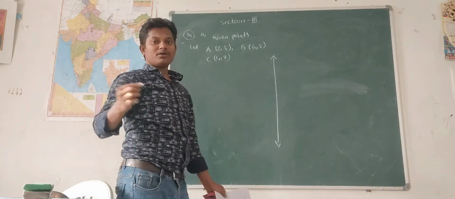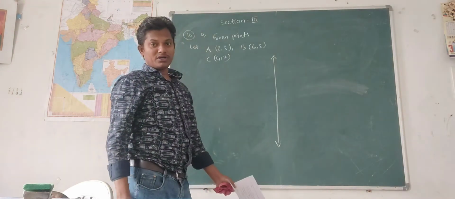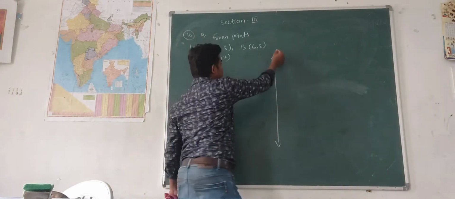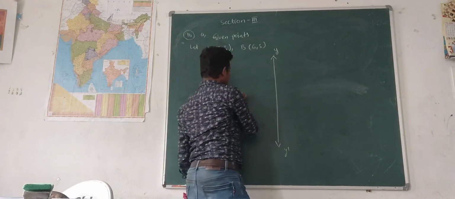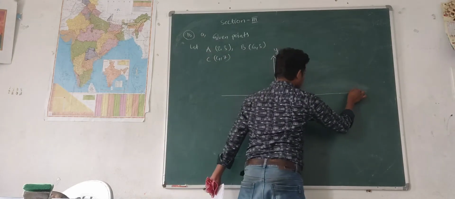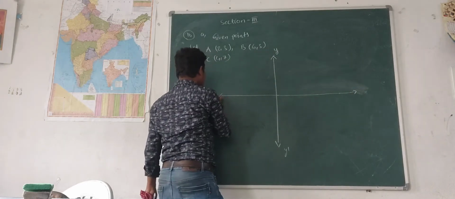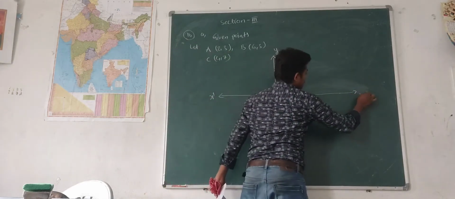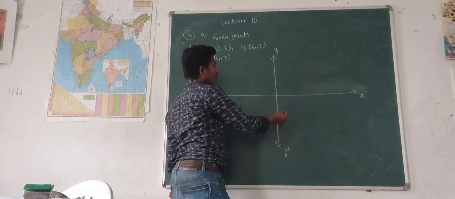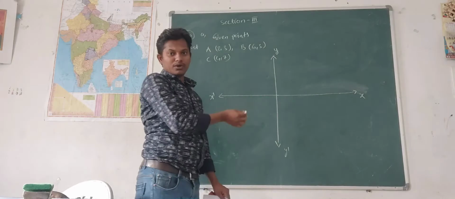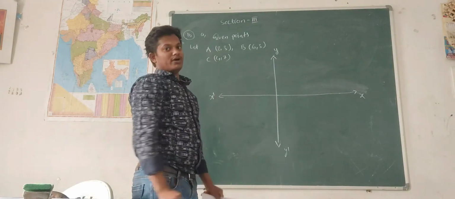We have to draw a graph sheet. This one is the y-axis, Y dash, and the horizontal line is the x-axis, x dash. On the right side we have positive and on the left side negative, upside positive, downside negative.